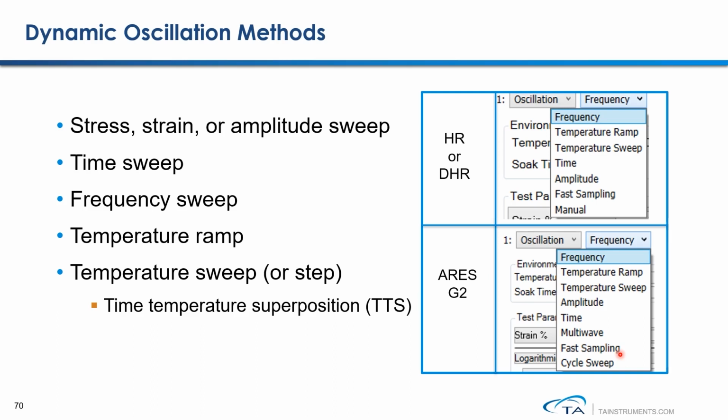In today's course, we're going to specifically discuss 5 types of the most commonly used oscillatory tests. Those methods include a dynamic strain sweep, which in TRIOS software is called amplitude sweep, a dynamic time sweep, an oscillatory frequency sweep, temperature ramp, and temperature sweep.